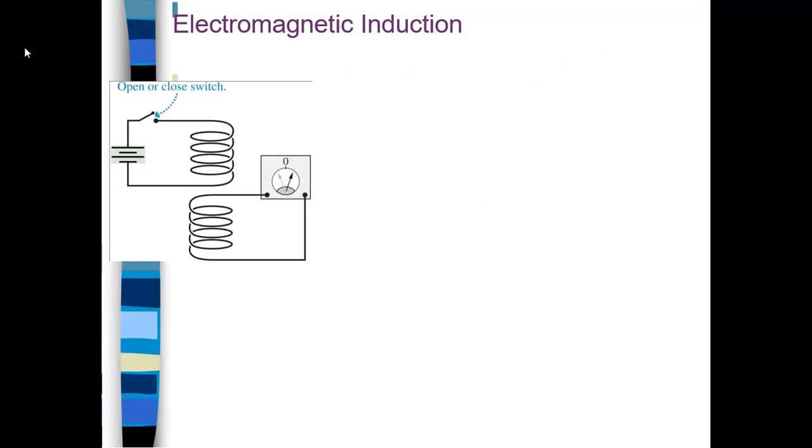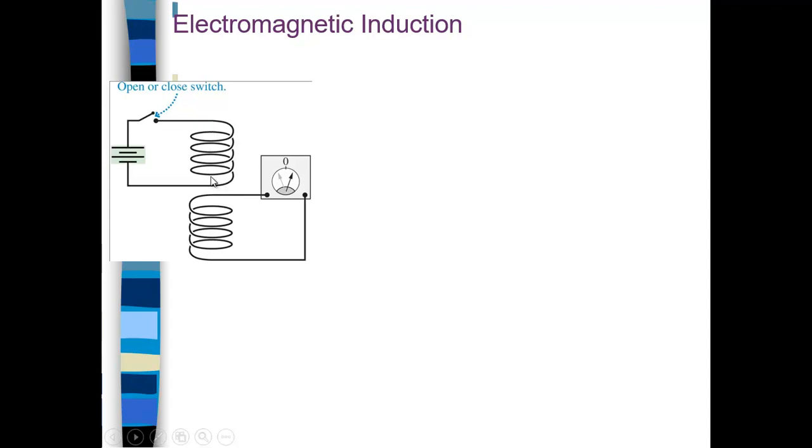Okay, so it turns out that if you have current that is moving through a coil up here, okay, where's my arrow? Never find my arrow. Okay, there it is. So if you close the switch and all of a sudden you initiate current, the instant that you close the switch, then that will create a magnetic field here.